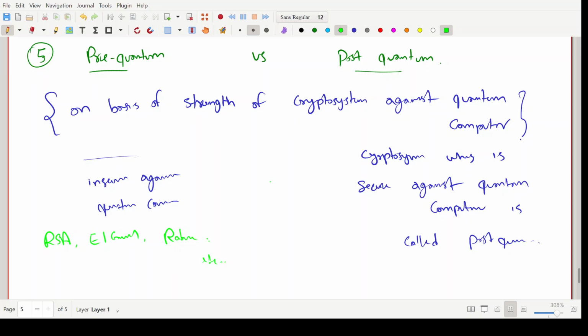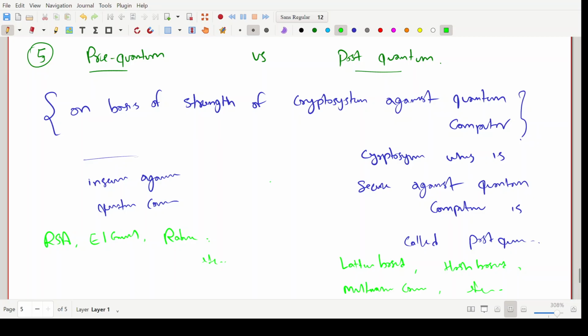Whereas if you take the example of post-quantum crypto systems, there are so many lattice-based crypto systems. Lattice-based, that is, you can say LWE, RLWE, NTRU, lattice-based, hash-based, multivariate cryptography, and isogeny-based cryptography.